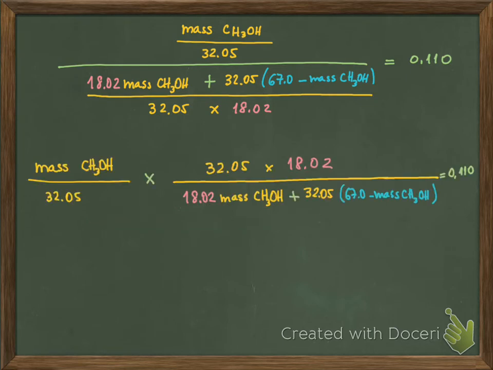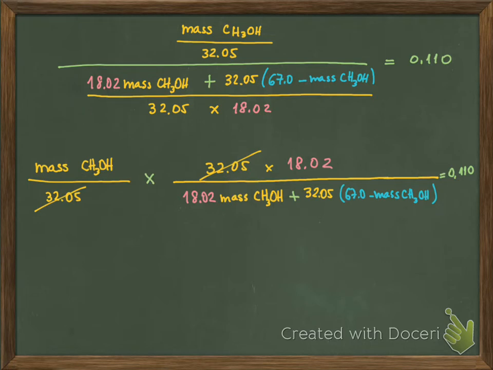So upon dividing the two fractions, which turns into a multiplication of the first fraction by the inverse of the other, we notice that the number 32.05 actually cancels out, which is always welcome when we can eliminate something, right, to make the equation simpler.